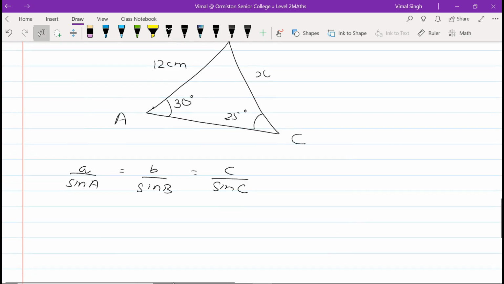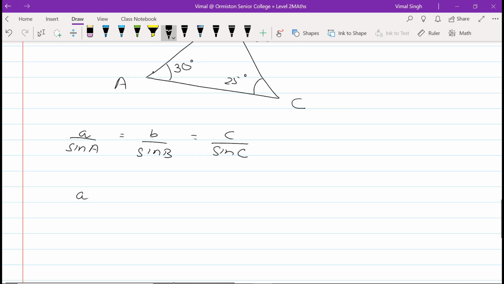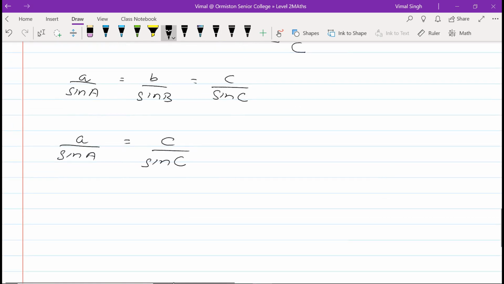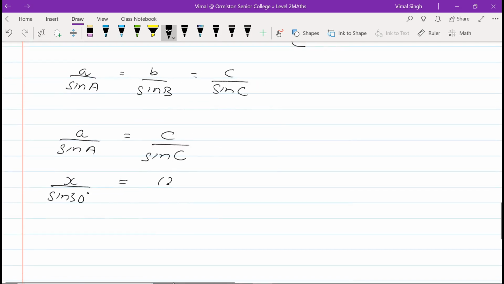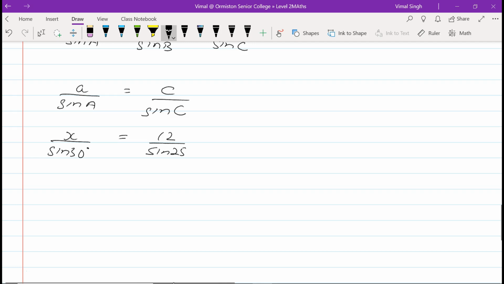So for my example over here, what's given is angle A and angle C, so I'm going to write a over sine A is equal to c over sine C. Angle A I have is 30 degrees, but I don't know the length of side a, so I'm going to put x over sine of 30 degrees is equal to side c, 12 centimeters, divided by sine of 25 degrees.